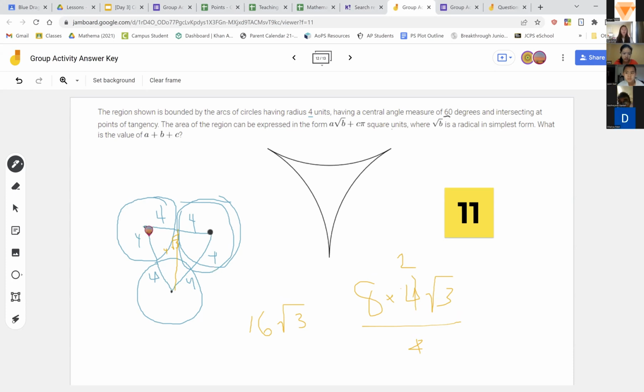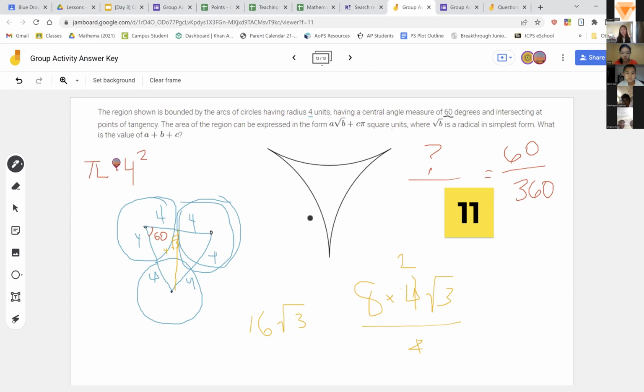Remember we learned in the quick lesson that the angle to 360 is proportional to the area of the sector, which we don't know, to the area of the entire circle. The area of the entire circle, a circle with a radius of 4, would be pi r squared, so pi times 4 squared, which is 16 pi.